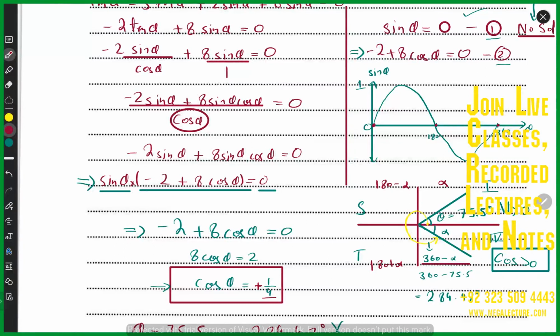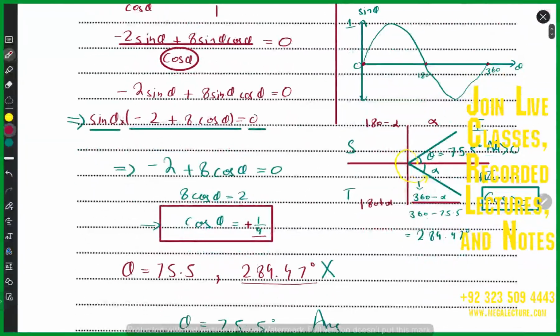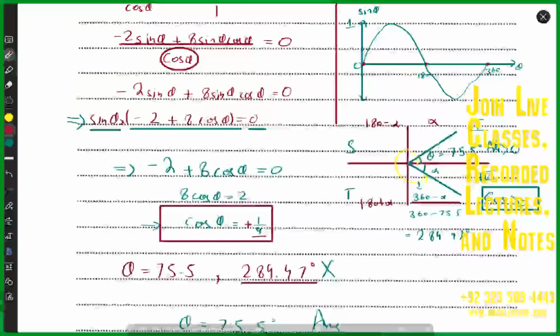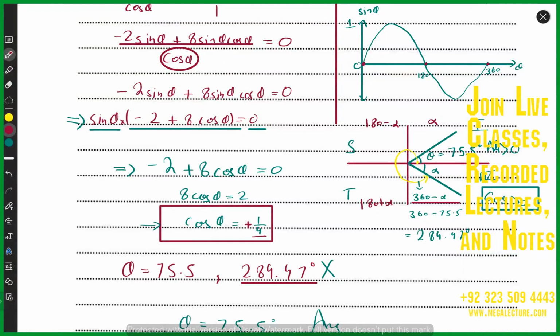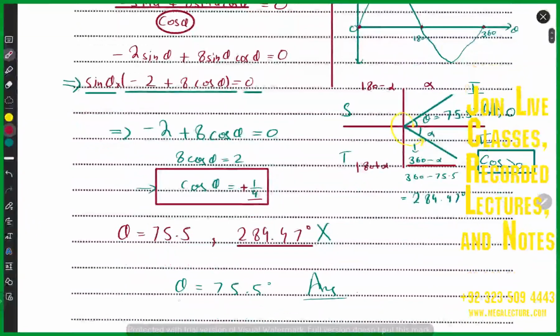And for the fourth quadrant, I did 360 minus 75.5, and this turned out to be 284.47. And this was not included in my interval. My interval was only between 0 and 180. So I did not consider this. Okay. So finally, this is going to be my only answer. It would be 75.5 degrees only.